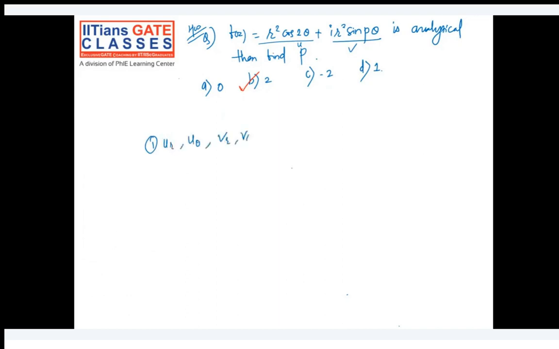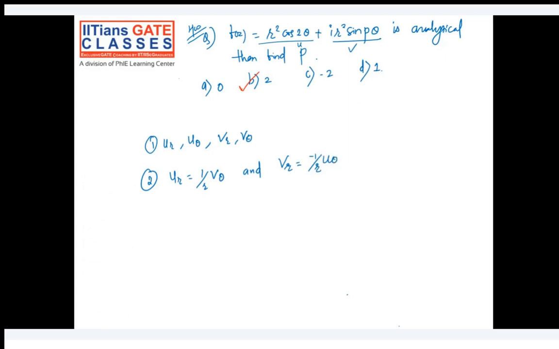And second criteria is differentiation of u with respect to r is 1 upon r differentiation of v_theta, and differentiation of v with respect to r is -1 upon r u_theta. Okay, so these two formulas you have to use, and then you should get the answer easily.